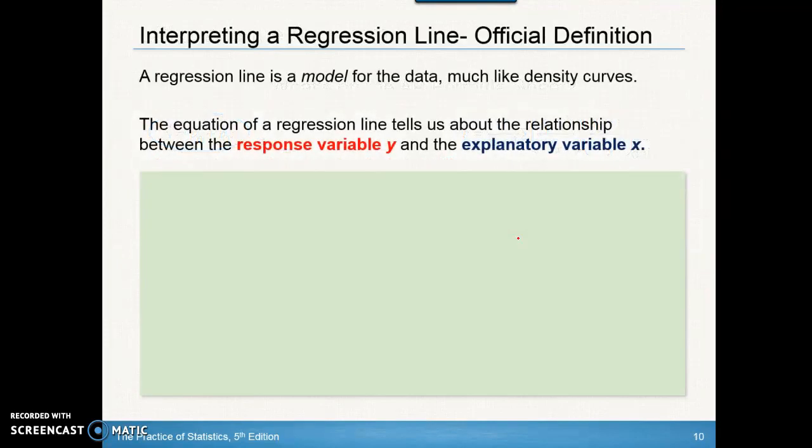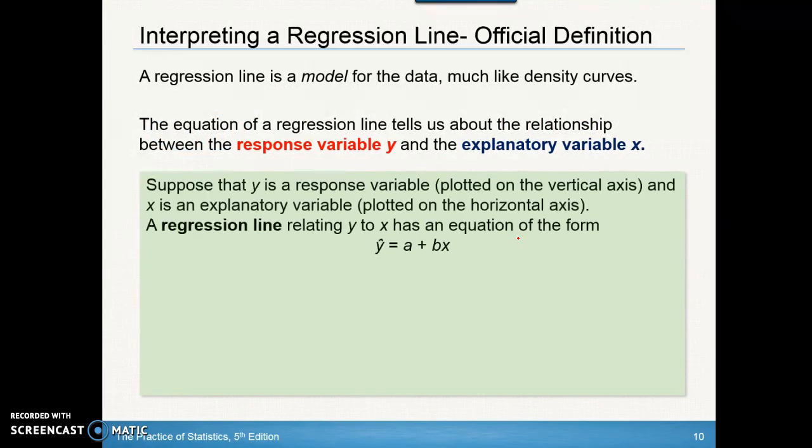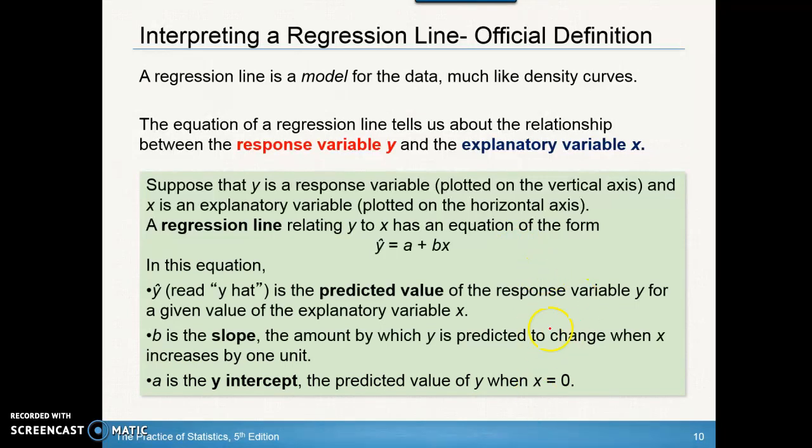All right, so a regression line is a model for the data, just like our density curves were a model for the population. The equation of a regression line tells us about the relationship between the explanatory variable x and the response variable y. So the equation of the regression line is as follows. We've already talked about most of this. y hat equals a plus bx. Just keep in mind that y is read as y hat.